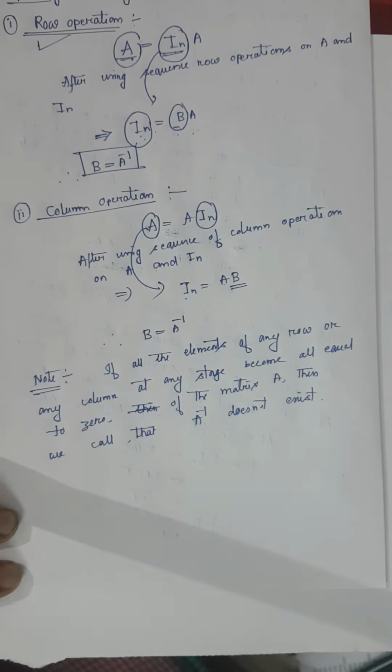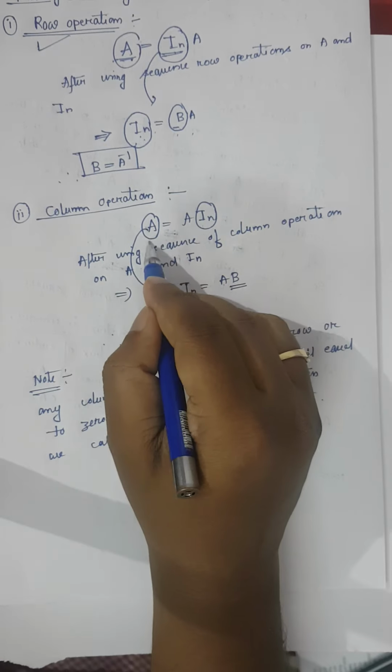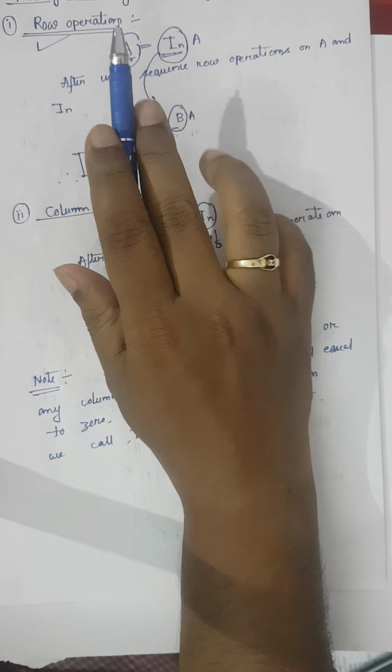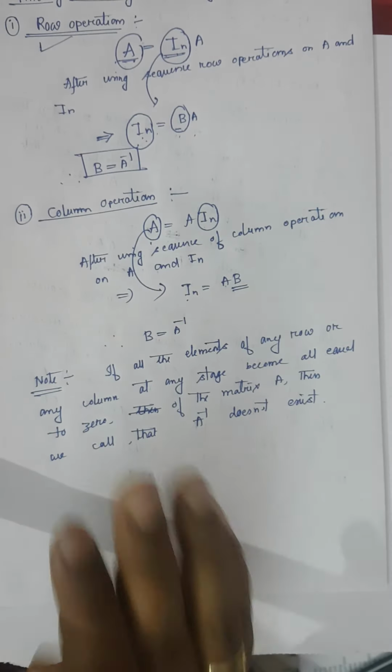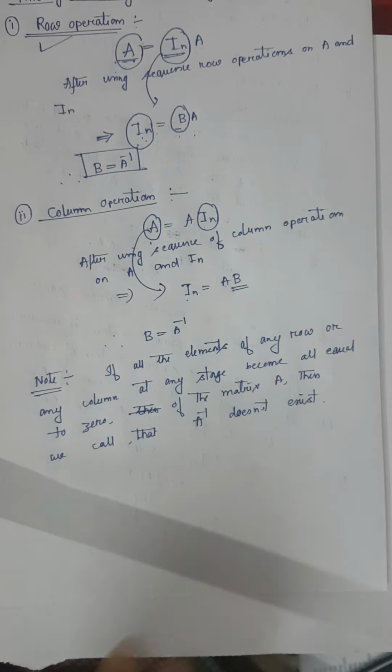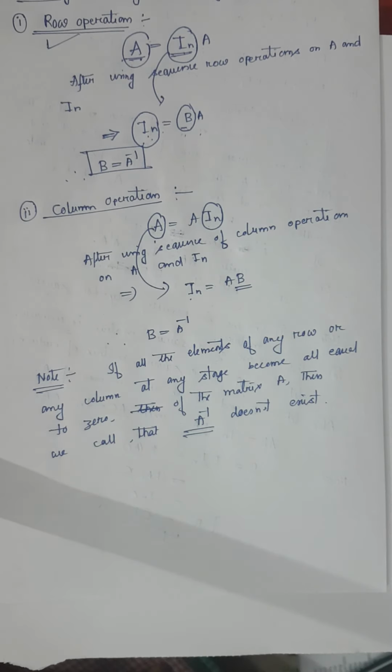Remember, when we operate elementary row operations or elementary column operations on the matrix A on the left side, if at any stage the elements of any row or any column become all equal to 0, then we will say that A inverse does not exist. Okay, so these two are the procedures of finding A inverse of a matrix using elementary row and column operations.